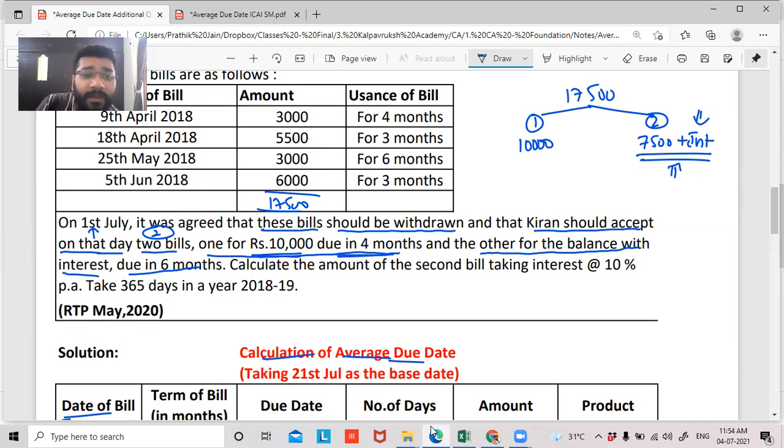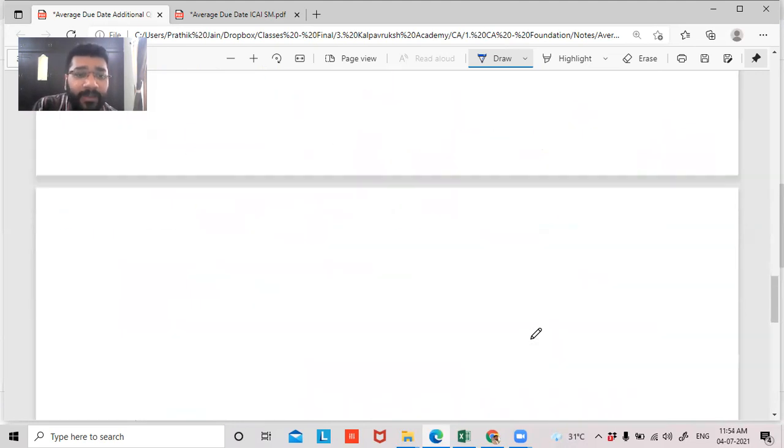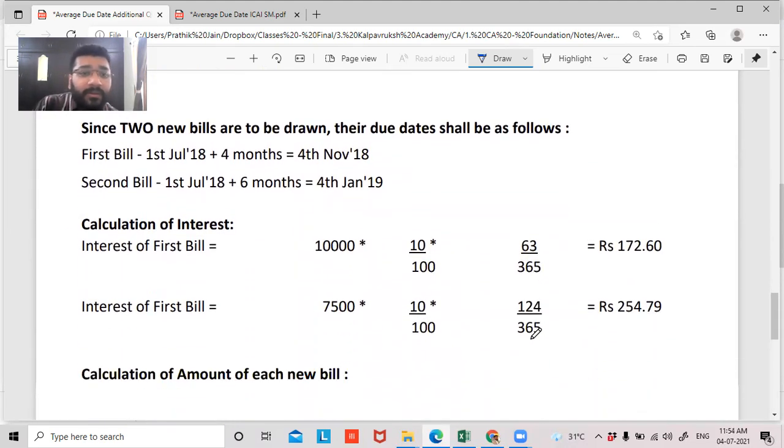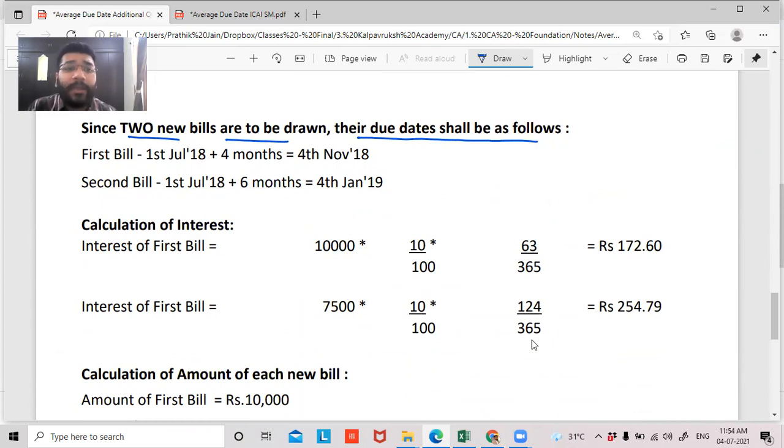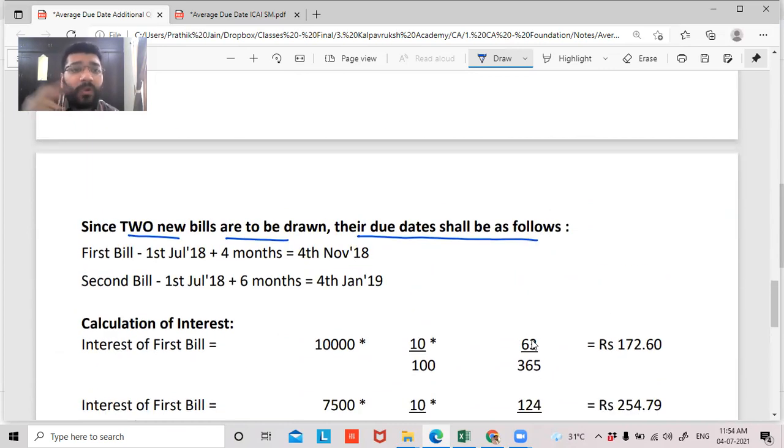On 1st of July, the old bills are cancelled, and on that date 2 new bills are issued. Since 2 new bills are to be drawn, their due dates will be as follows. I'm trying to calculate the due date of the bill.